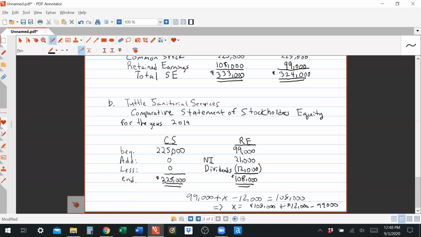I'm just putting everything else on the other side and isolating X. So X has to equal 21,000. Hopefully that's pretty straightforward. So the net income in 2019, 21,000.